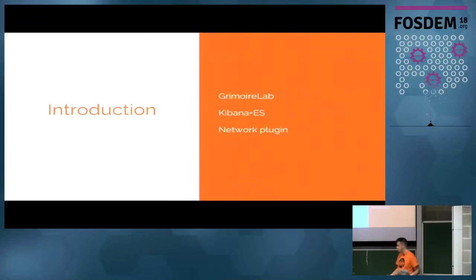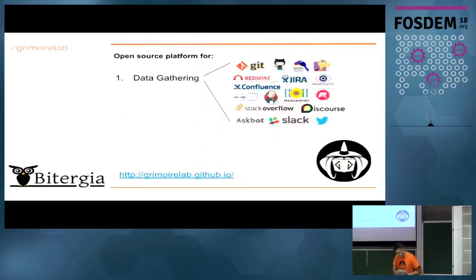So the first step is to get the data. How can we get the data of our community? I'm going to introduce you to Grimoire Lab. Grimoire Lab is a free, open source platform for software development analytics. It is a platform for data gathering from data sources like Git, GitHub, Jira, Slack, and so on.